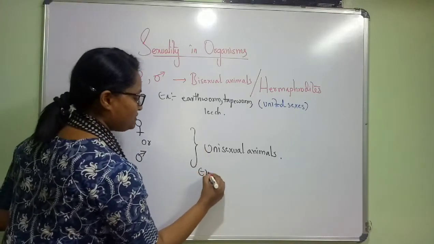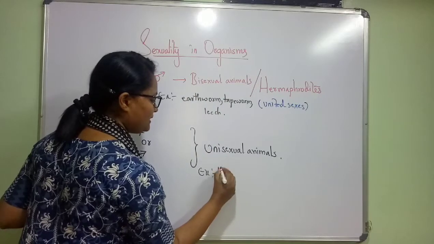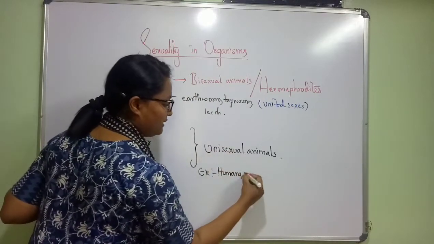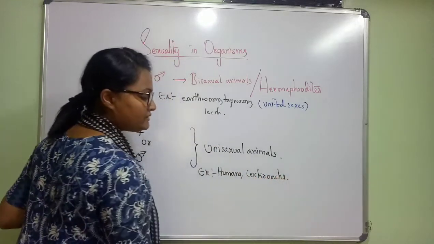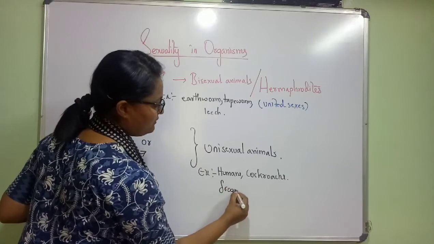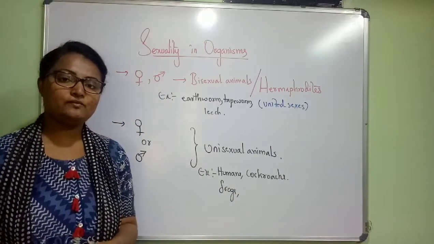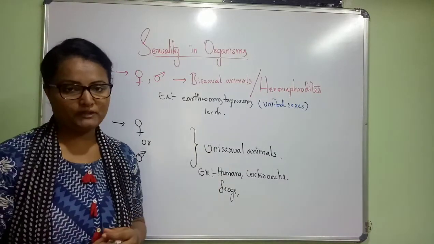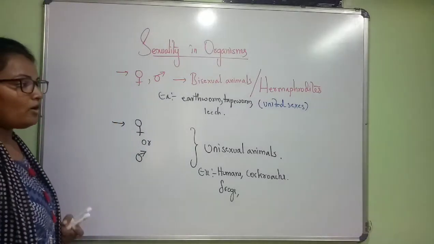For unisexual, all higher organisms except these, like humans, and lower organisms like cockroaches, frogs, all are unisexual, means either they contain male or female sex organs. Okay, so this is the sexuality in organisms.